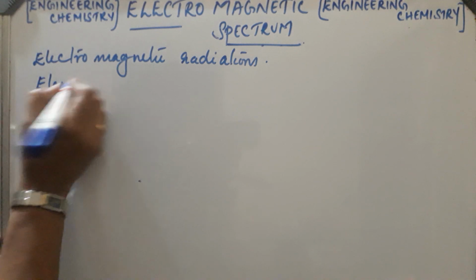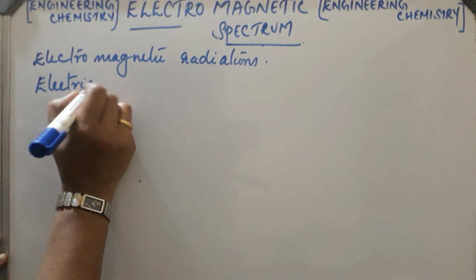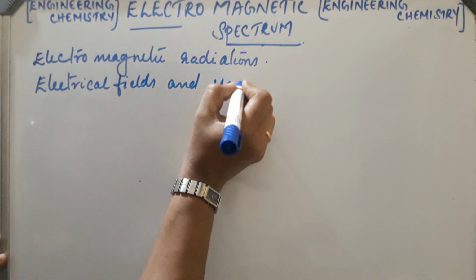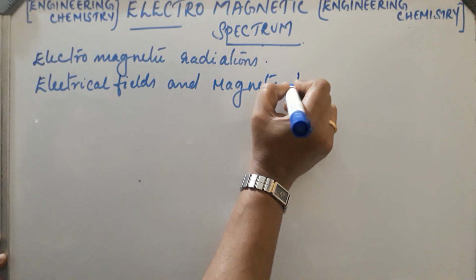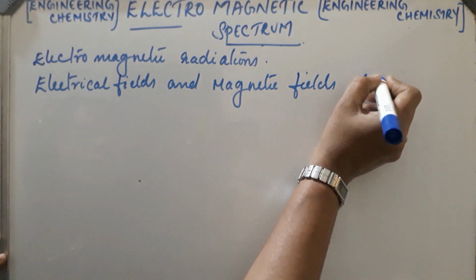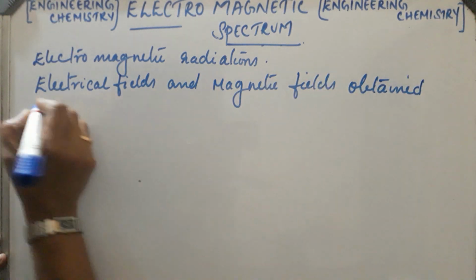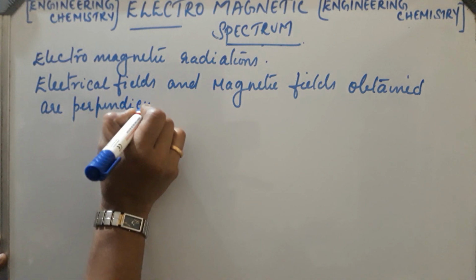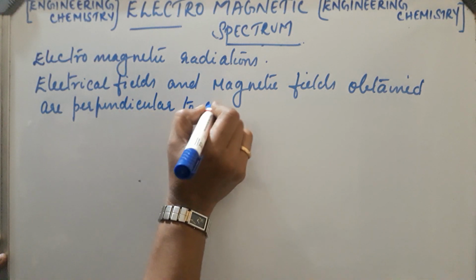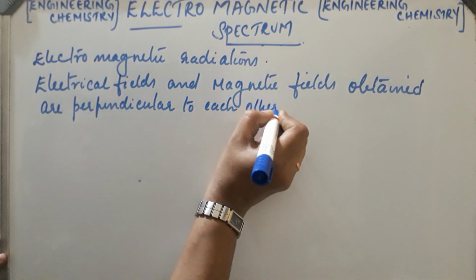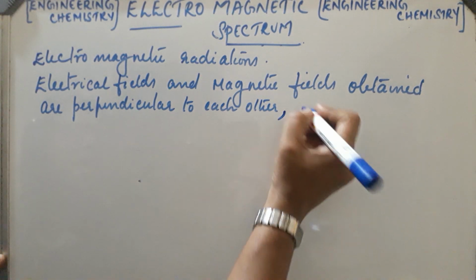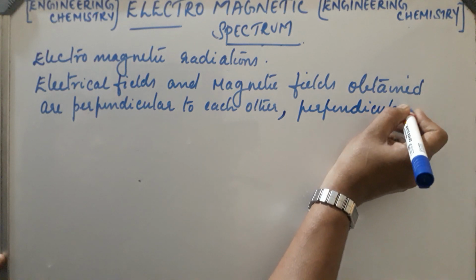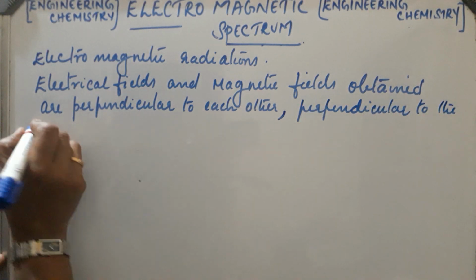These electrical and magnetic fields are perpendicular to each other. Also, these are perpendicular to the direction of propagation.